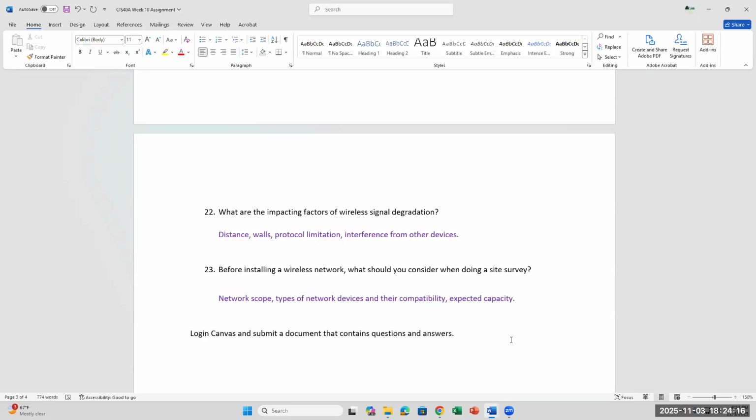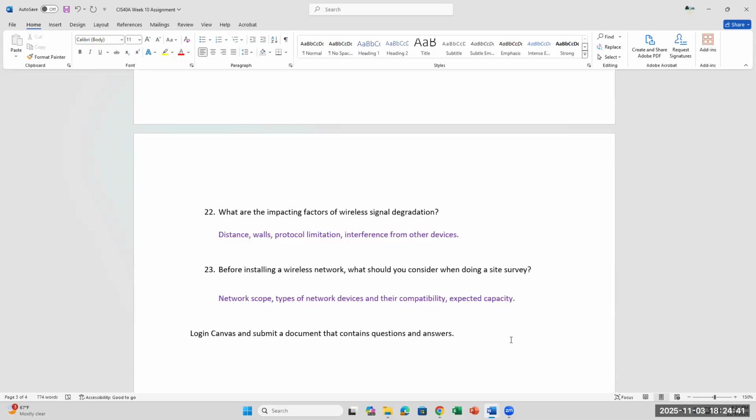So it becomes a bottleneck or congested. So the scale of your network is important, and how many devices are connecting. Also the type of devices that you are going to use, your endpoint devices and your network appliances, and their compatibility. Okay.